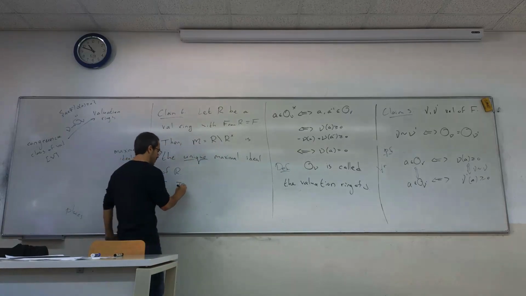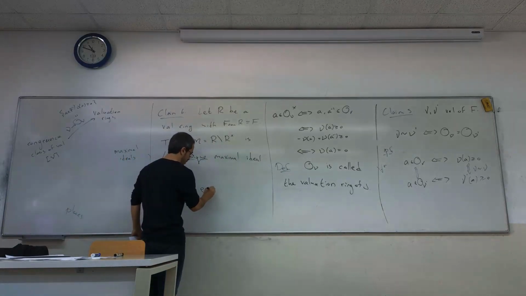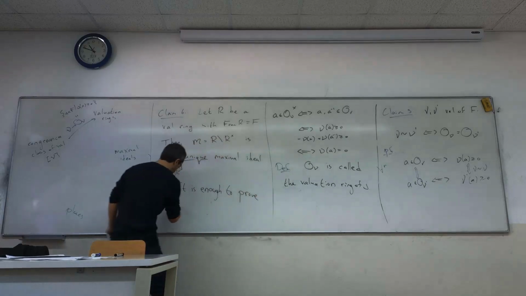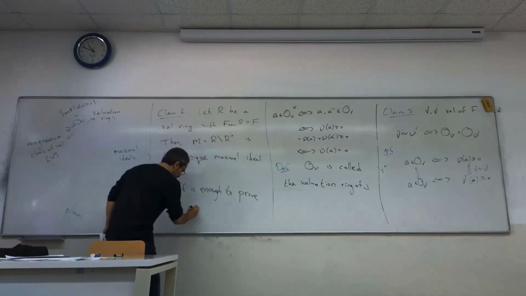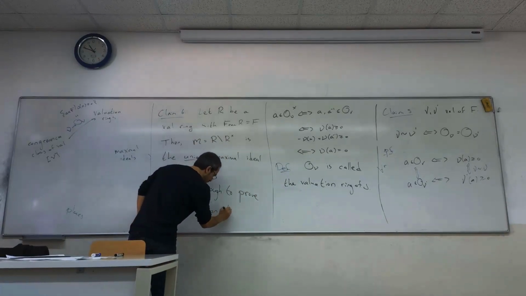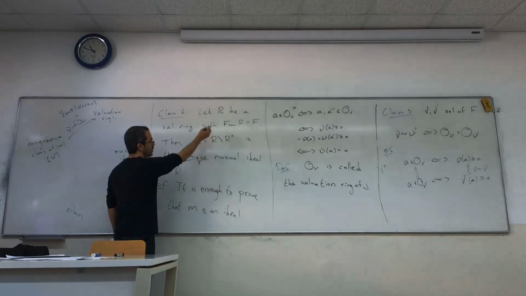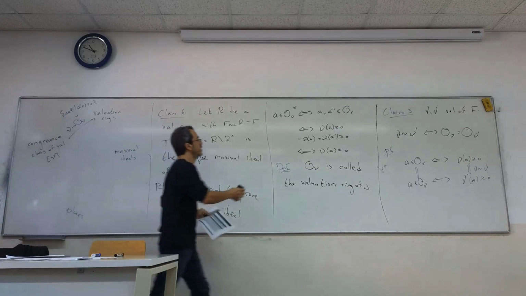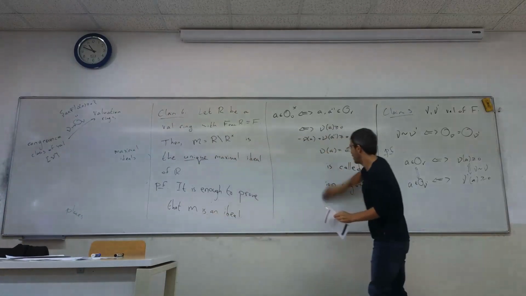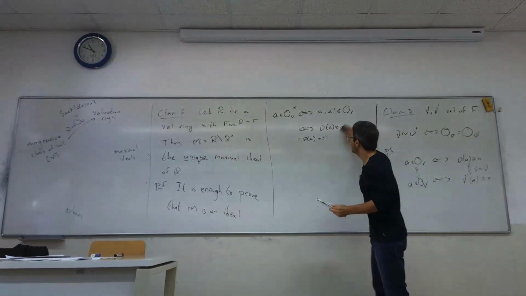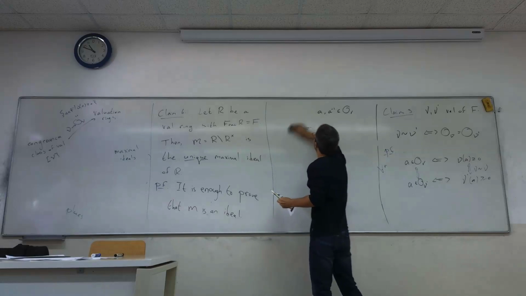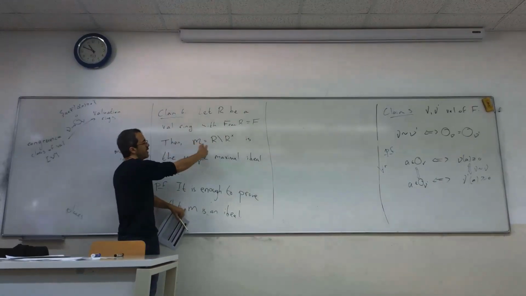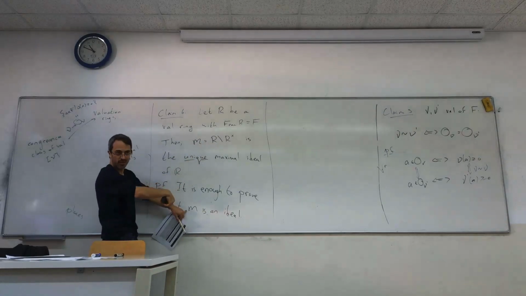So it is enough to prove that M is an ideal. Usually it's not, like with general rings that are not valuation rings. So we need to prove it's an ideal, and to prove ideal, you need to prove that it's closed under addition, and that if you take an element from the ideal and an element from the ring, and you take the product, then you go back to the ideal.